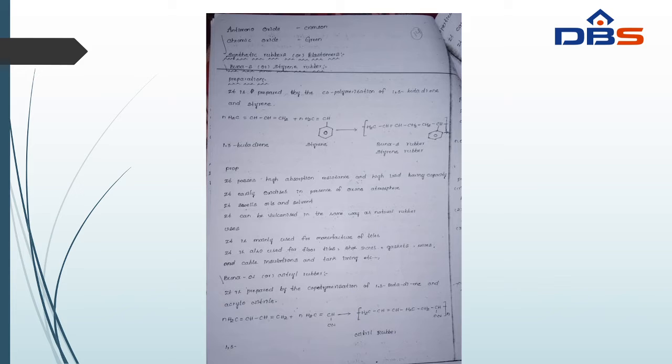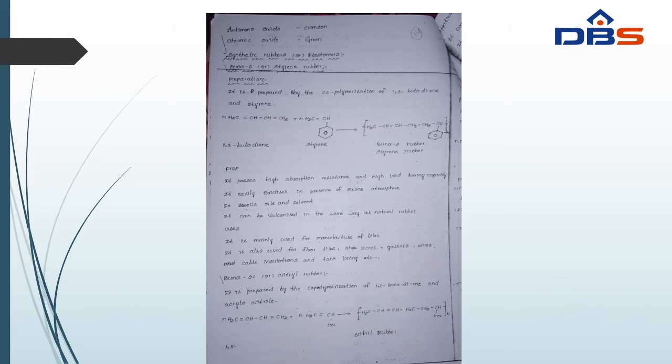It is also used for floor tiles, shoes, gaskets, wires and cable insulators and tank linings, etc. So that is Buna-S rubber or styrene rubber: preparation, properties, uses. That is over. Next, another one.